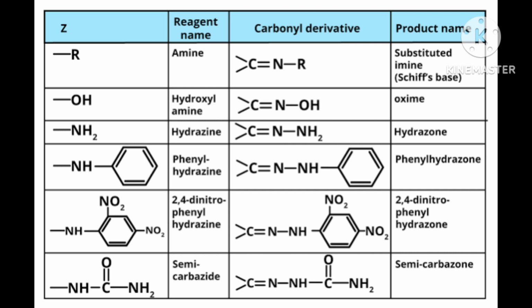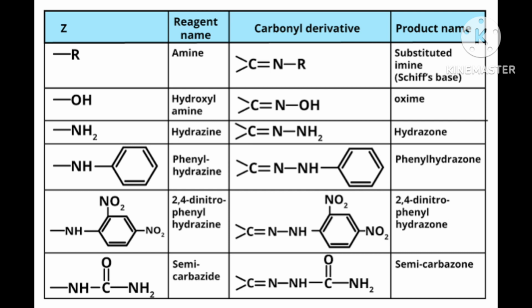Just like urea, CO, NH2, NH2, if one H is gone, think like that, then what remains is called semicarbazide. Now in this reaction, in the place of Z, this semicarbazide is joining. CN was already there, with N now NHCONH2 joined. Then it is called semicarbazone.